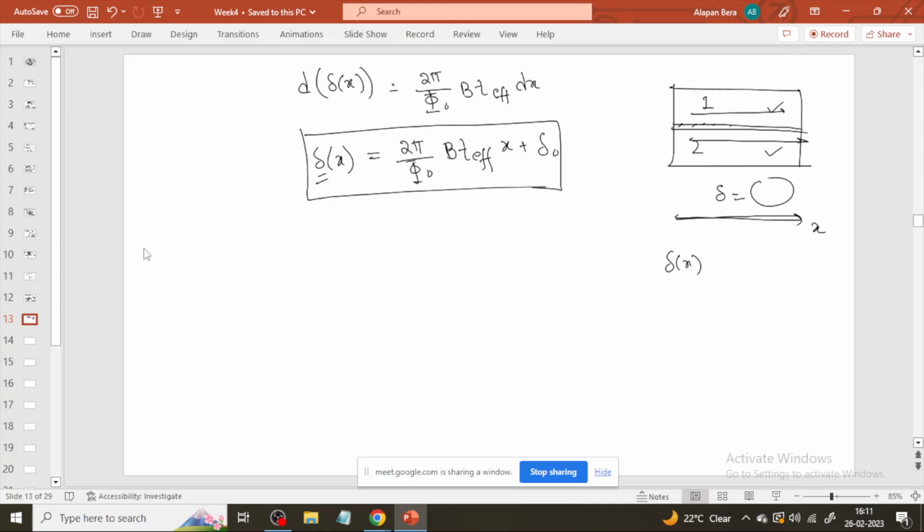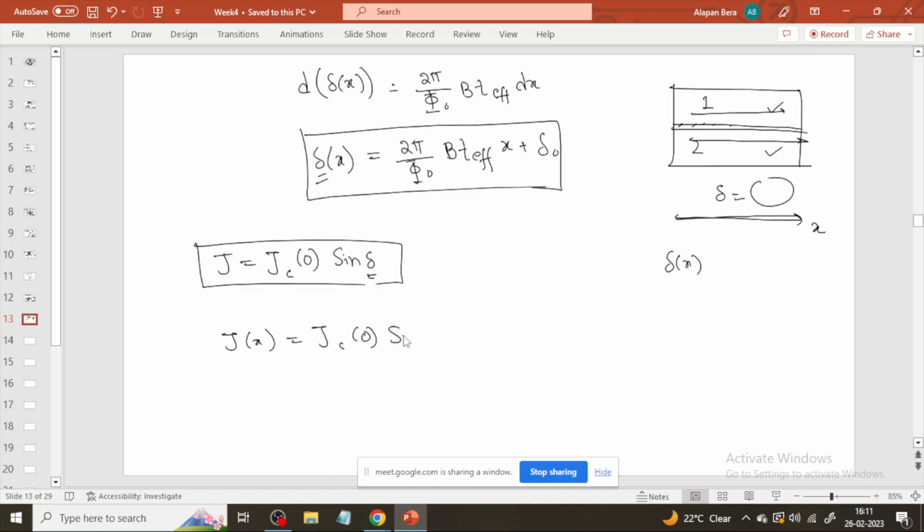Now if we put it in our previous equation of current density of the Josephson junction that was given by this equation, and put in the place of delta the value of delta x, then we will get J of x is equal to Jc of 0 times sine of 2 pi d t effective x over phi naught plus delta naught. Okay.